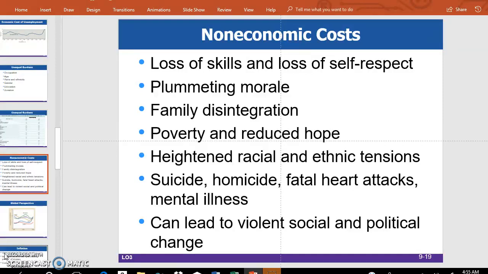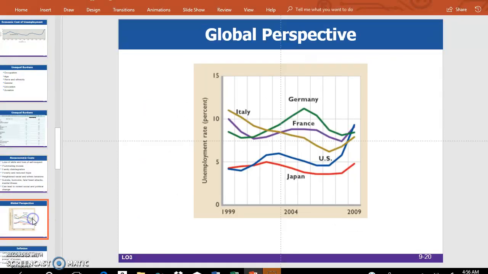So voters want to see lower unemployment rate. So if the political party in power cannot reduce the unemployment rate, voters may react and vote in favor of the opposition party, and then the party in power will lose its position.